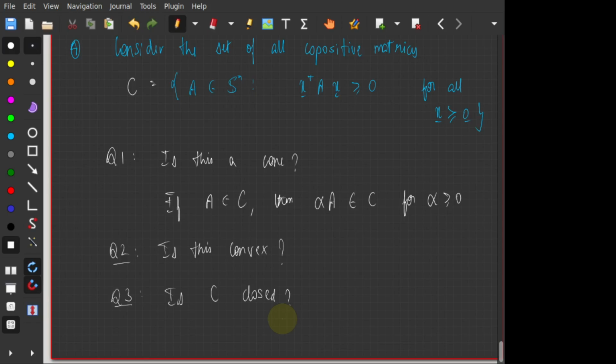Here's a hint. If you take any number of closed sets and take the intersection of them, the resultant is always a closed set.